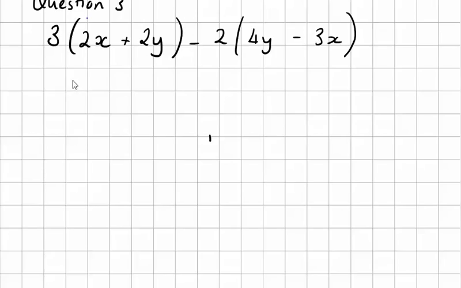Okay, so first you do 3 times 2x, makes 6x, and then you do 3 times 2y, which makes 6y, so plus 6y, don't forget the plus or the minus, okay? Then minus 4y, which makes negative 8y.